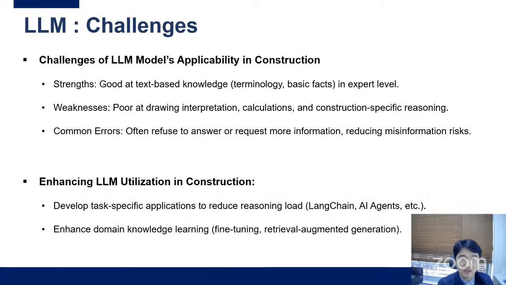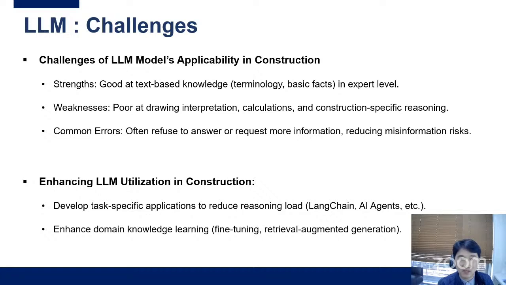So here's a summary of the challenges of LLMs in the construction industry. They still have clear limitations in certain areas. They struggle with drawing interpretation, calculations, and construction-specific reasoning. Additionally, they often refuse to answer or request additional information, which, while reducing misinformation risks, can also limit their usability in real-world applications.